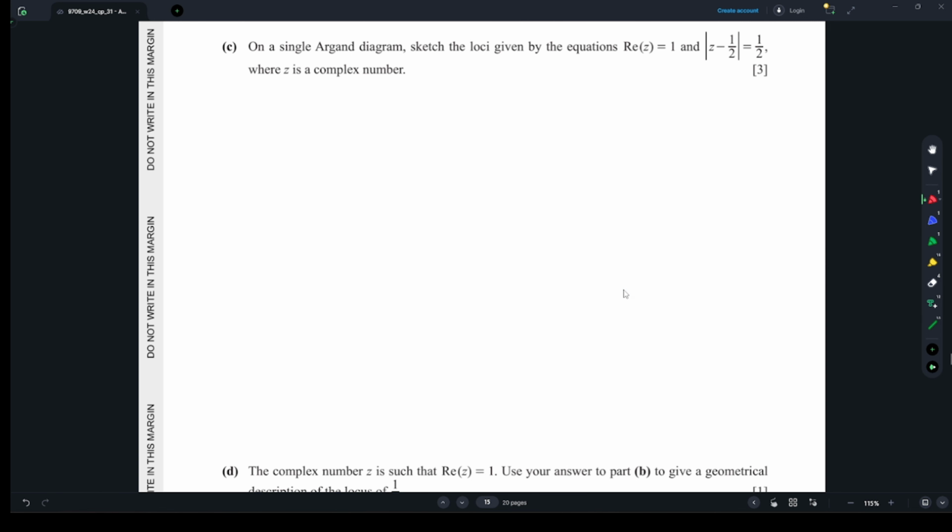So first, before drawing the Argand diagram, you have to explain those information here. So I can write here z minus half equals to half, which is z minus, here we have only a number, so that means half plus 0i.